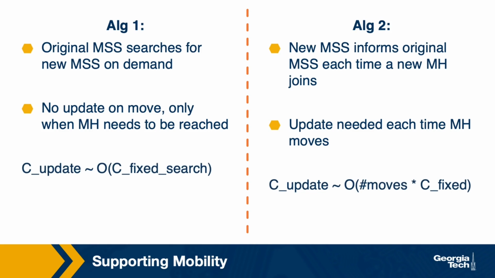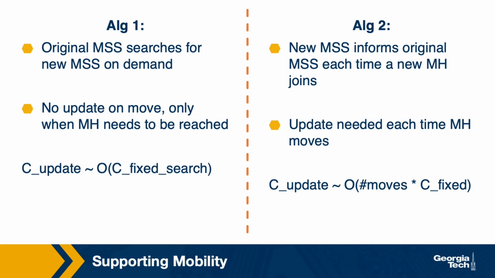Which of these approaches is better is going to depend on the relative cost of fixed versus wireless communication. It's going to depend on the time required to perform a search over the fixed network, but it's also going to depend on the workload, on how often a host moves relative to how frequently it is involved in communication.